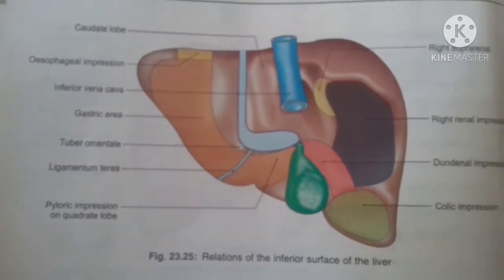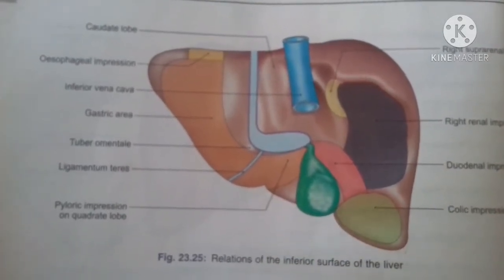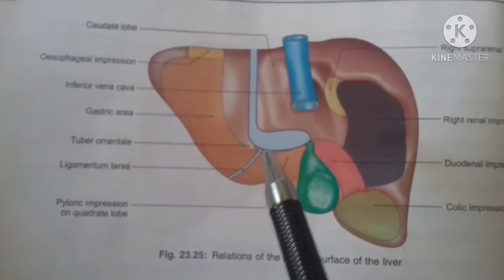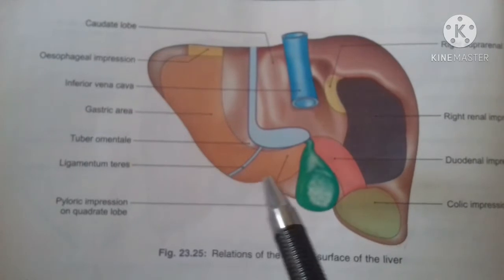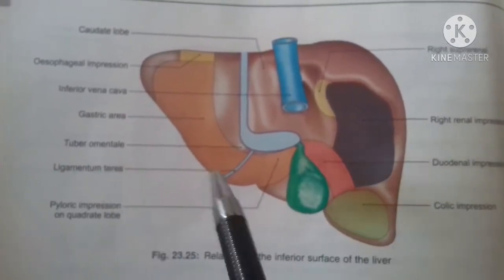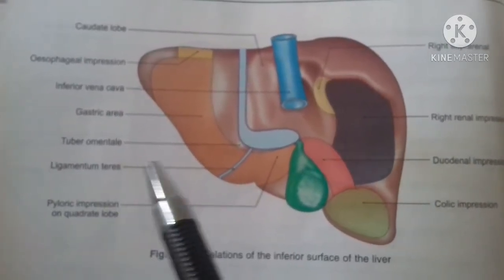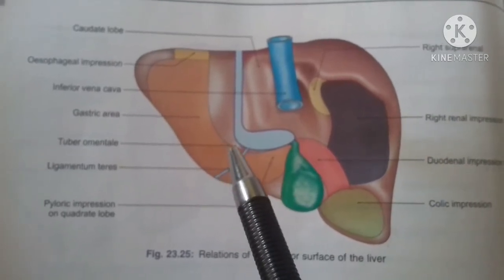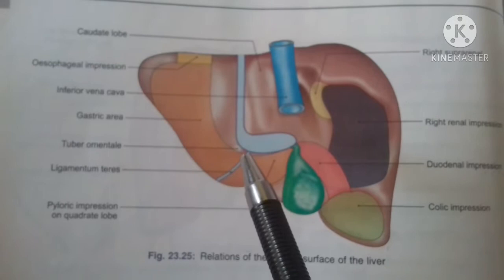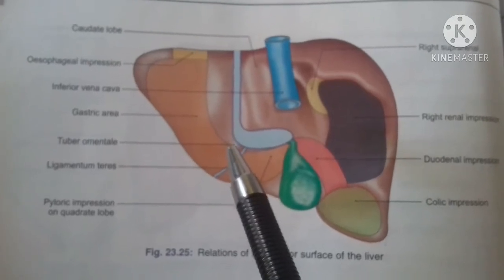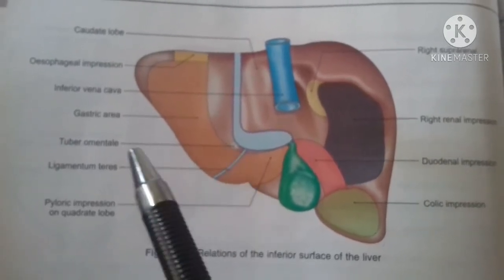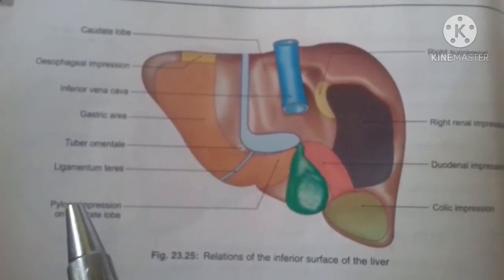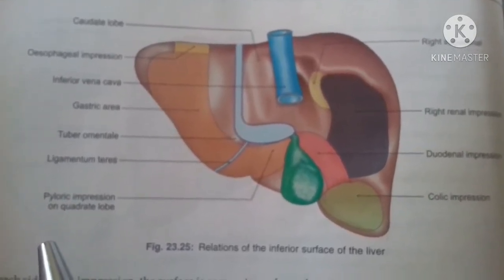The fissure for ligamentum teres passes from the inferior border. The quadrate lobe is related to the lesser omentum, where the junction is called the tuber omentale. Then the fossa for the gallbladder lies right to the quadrate lobe.